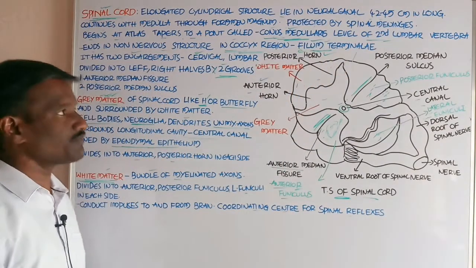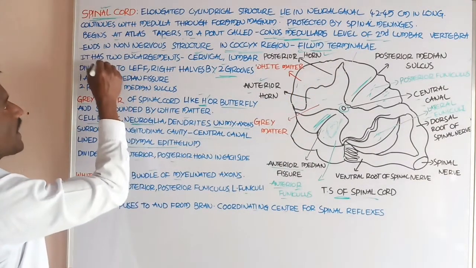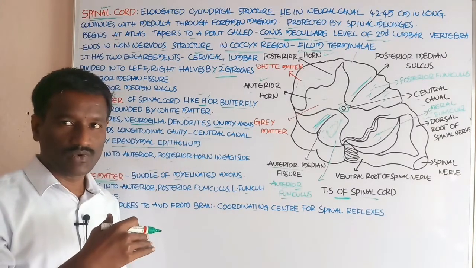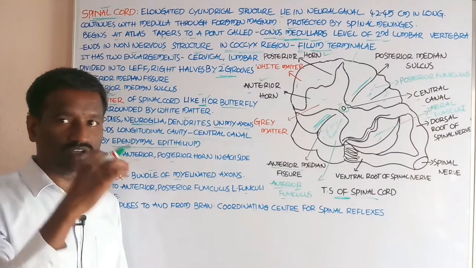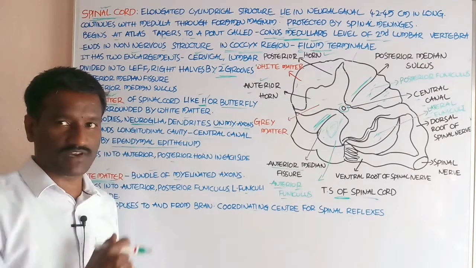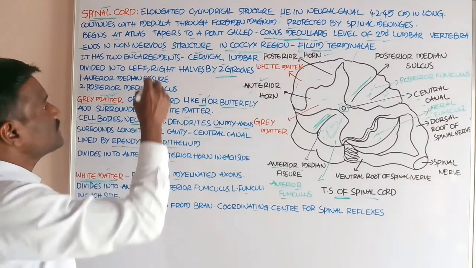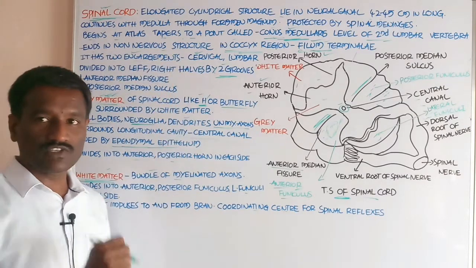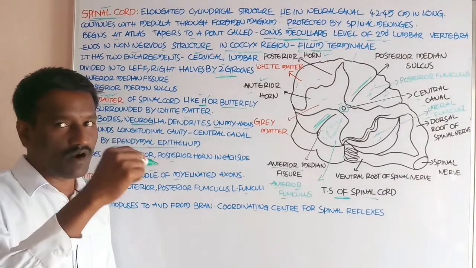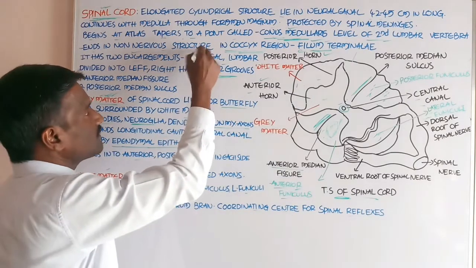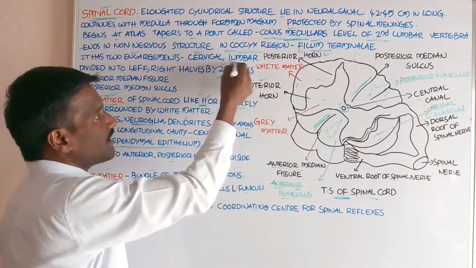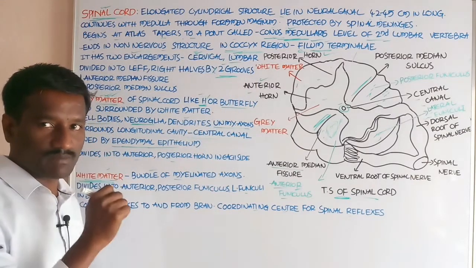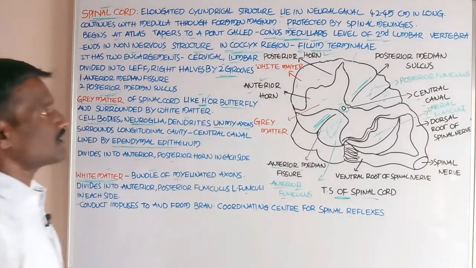The spinal cord shows two enlargements, two swellings on the upper surface. One at the superior part of the spinal cord is called the cervical enlargement, and the inferior part shows another enlargement called the lumbar enlargement.